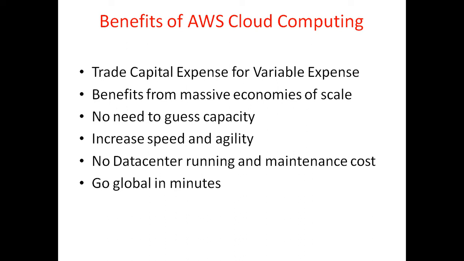When a lot of things are available, when you have a lot of options, when there is so much product in the market, you get things cheap, right? So this is what you call benefits from massive economies of scale. I mean, you purchase in bunch and you have to pay less.